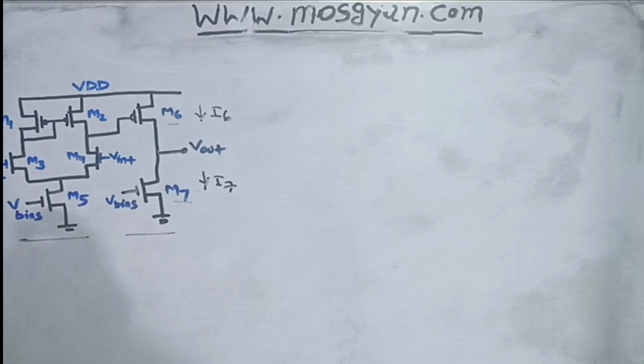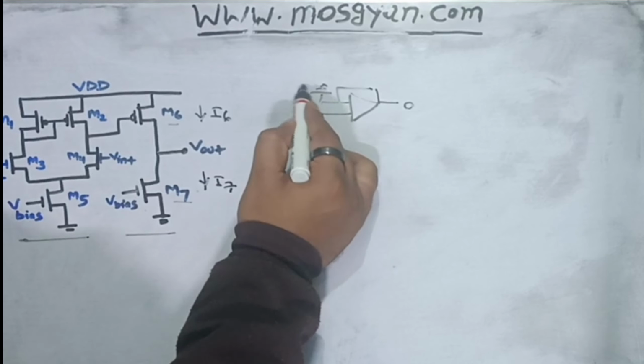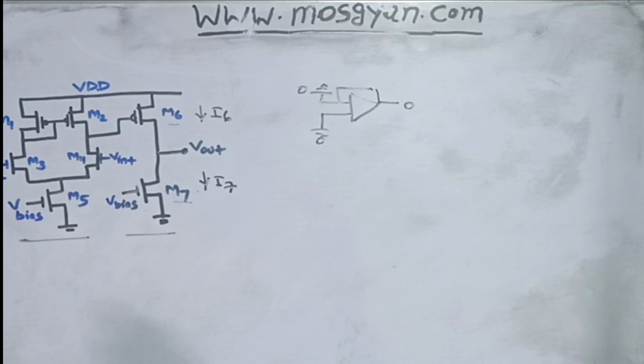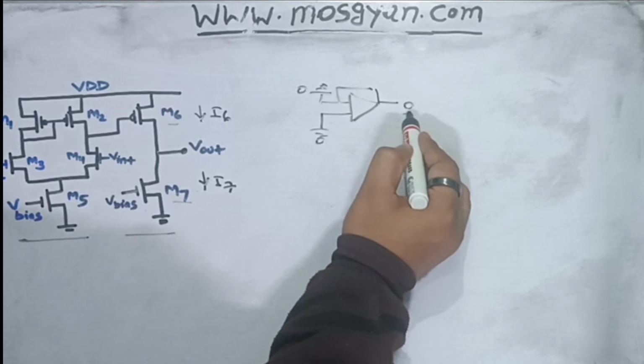First of all, we need to understand the definition of offset. In an ideal op-amp, if we apply zero potential at both the inputs, ideally the output should also be zero. But if there is any offset in the circuit, then even though you apply zero input at both inputs of the op-amp, you will still get a certain value at the output.